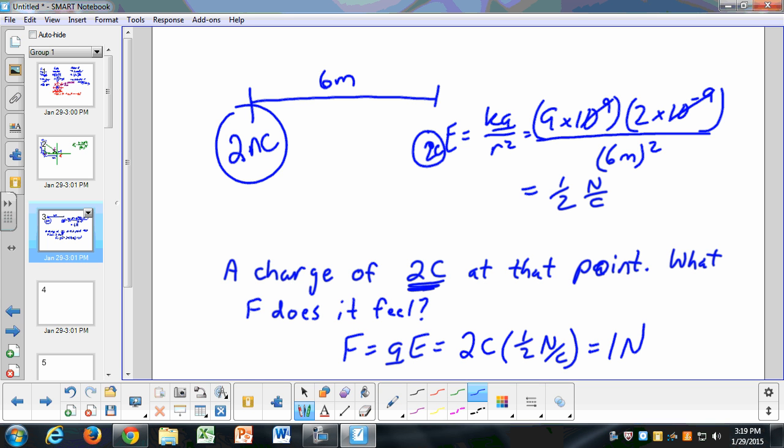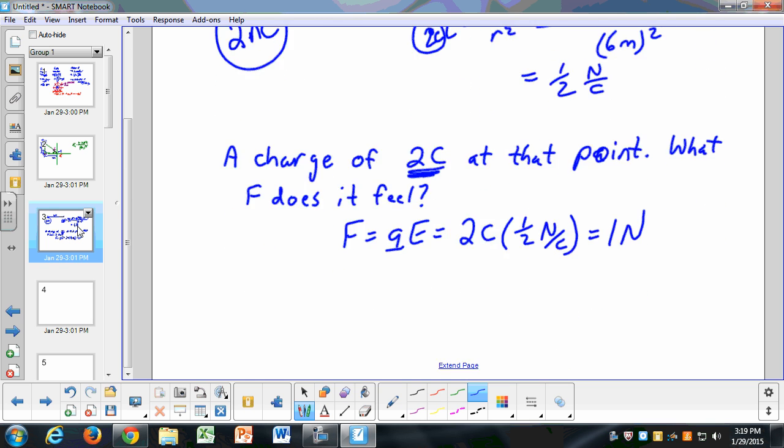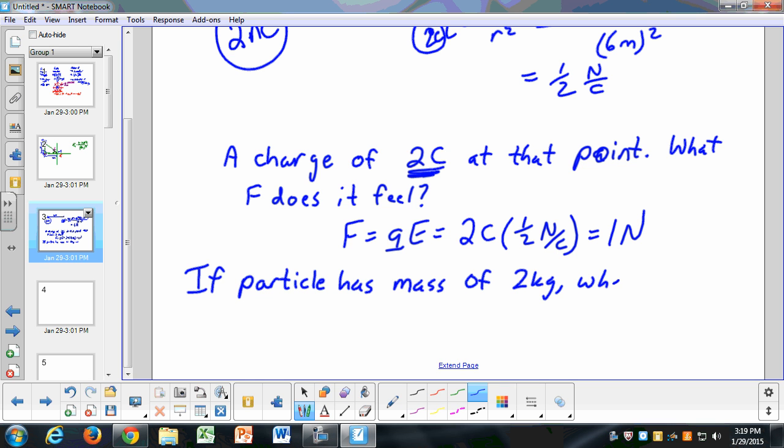And then we could go on and ask, let's say it had a mass of 2 kilograms. What is the acceleration?